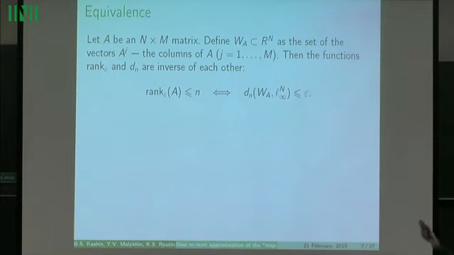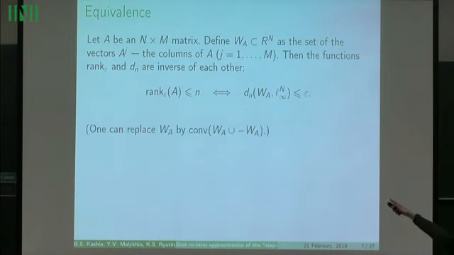So the epsilon rank of our matrix is not greater than n if and only if the Kolmogorov width of this set, when we take the set of the columns, take minus this set, convex hull, and then we have this equivalence.